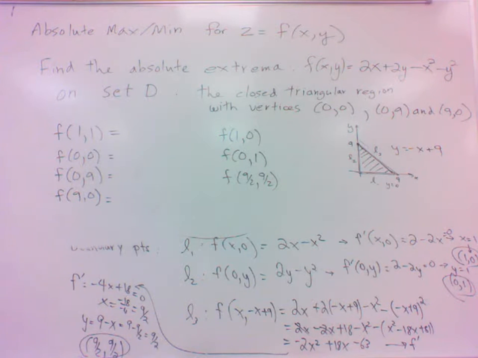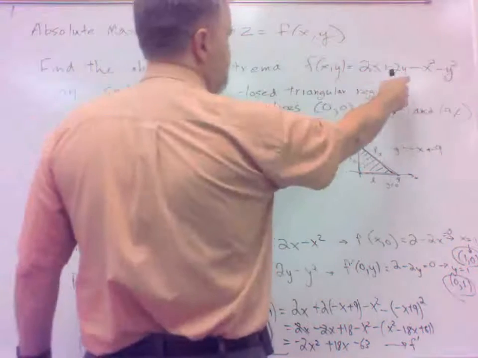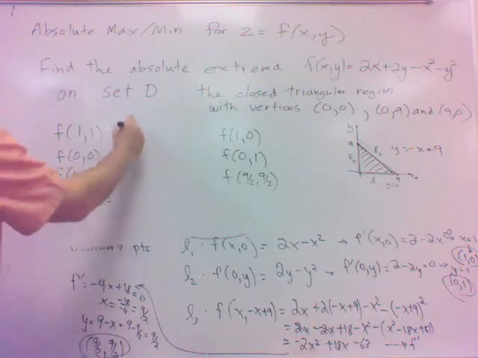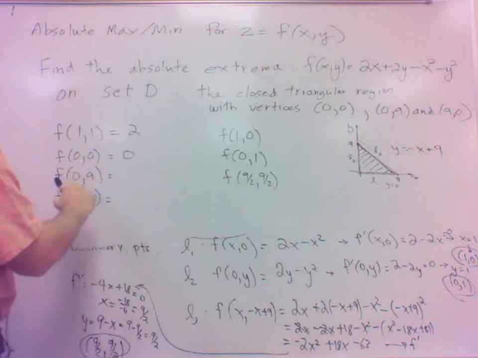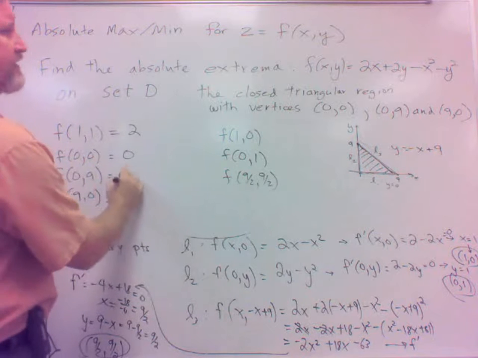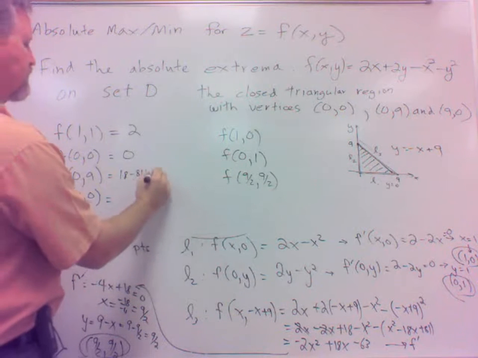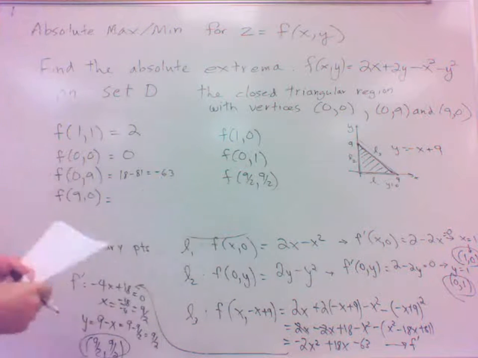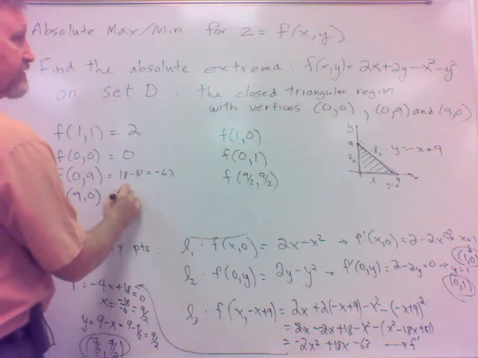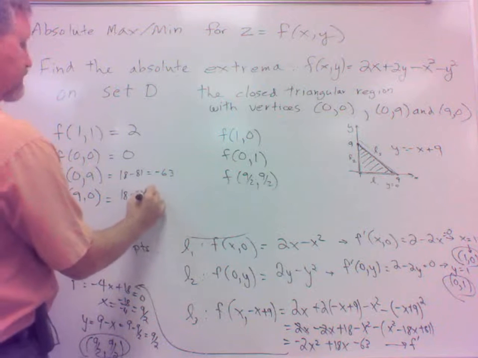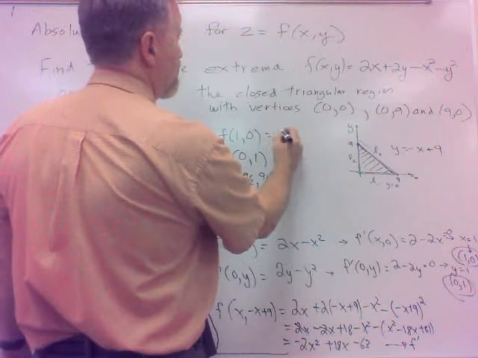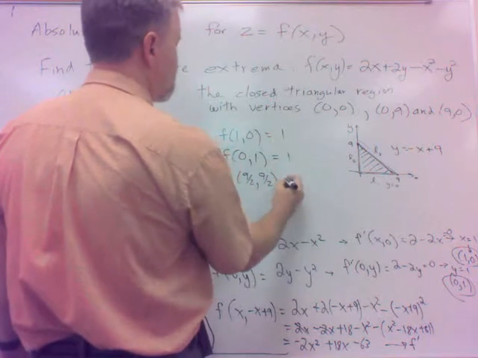Okay, so let's see. 1, 1, that'd be 2 plus 2 minus 1 minus 1. 4 minus 2 would be 2. 0, 0 would be 0. 0, 9. The x is 0, so it'd just be, what, 18 minus 81. So negative 63. 9, 0, we'd have 18, again, minus 81, so that would be negative 63. 1, 0 would be 2 minus 1, so 1. 0, 1, also 1.